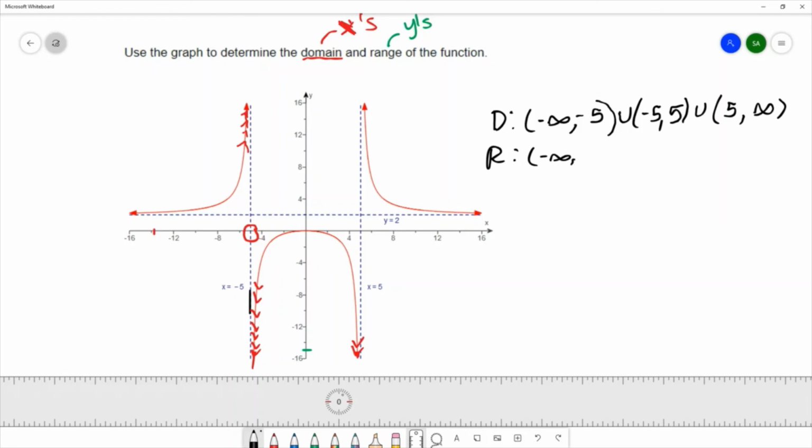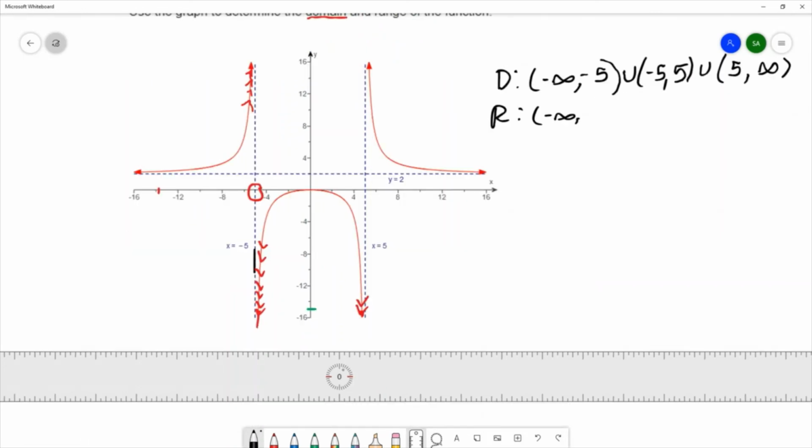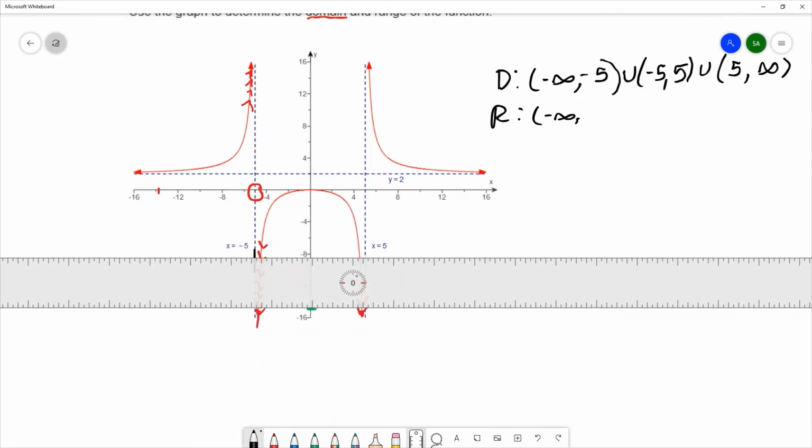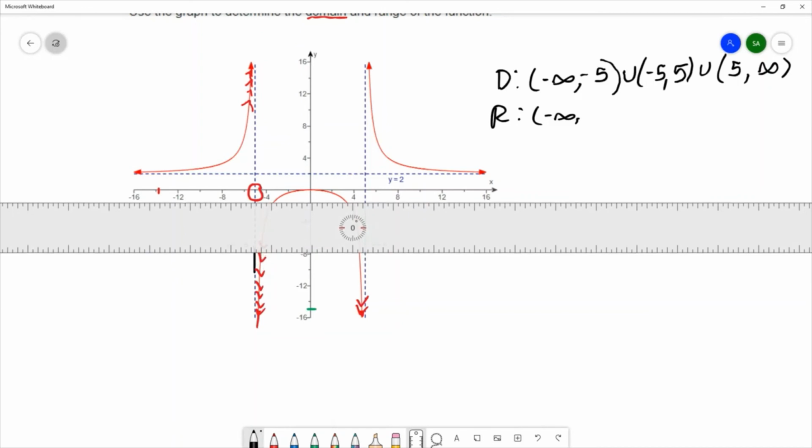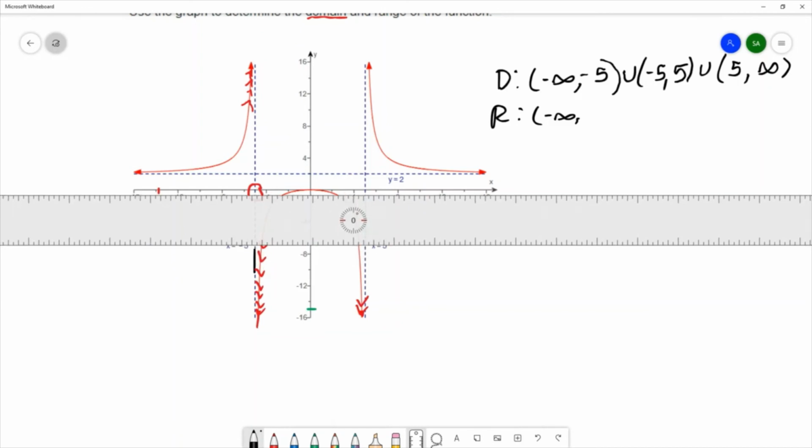So as I go from bottom to top, I am touching the graph with my ruler all the way until I get to this little peak in the graph. That little peak in the graph is happening at a y value of 0.